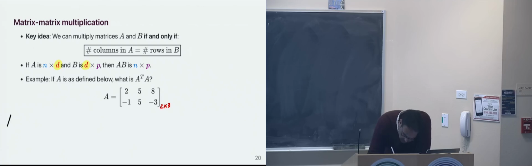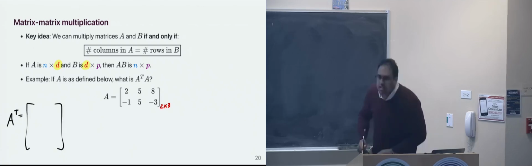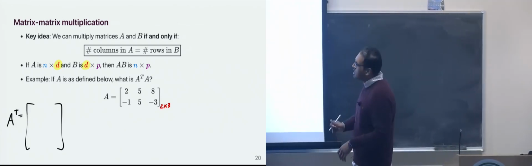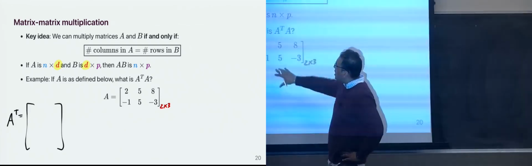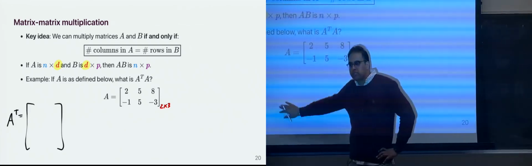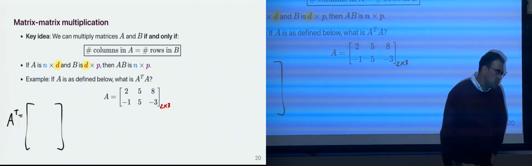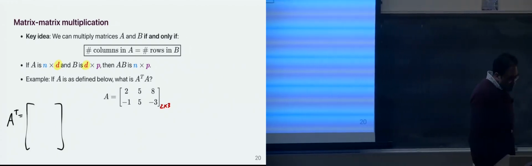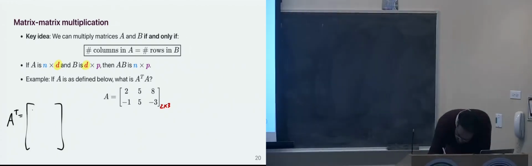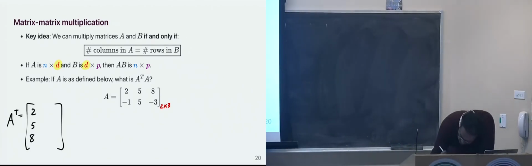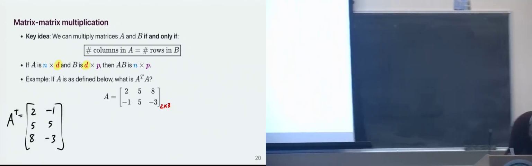A transpose is the result of flipping or pivoting A such that the columns of A become the rows of A transpose, and the rows of A become the columns of A transpose. And so A transpose will look something like 2, 5, 8, -1, 5, -3.